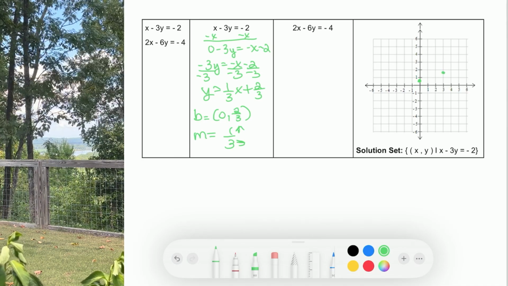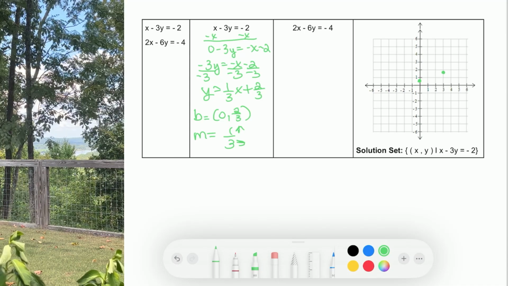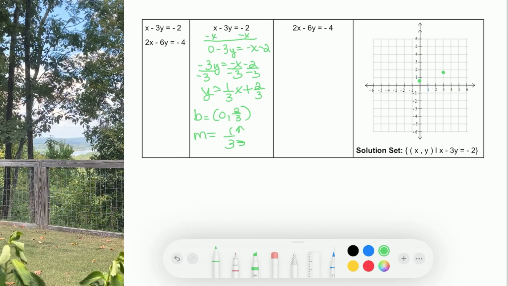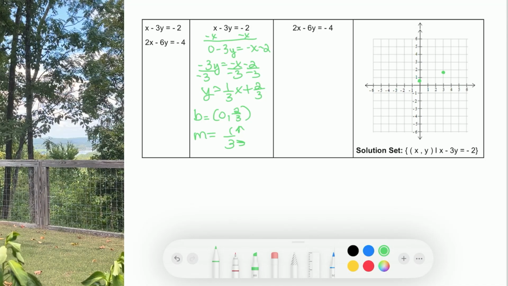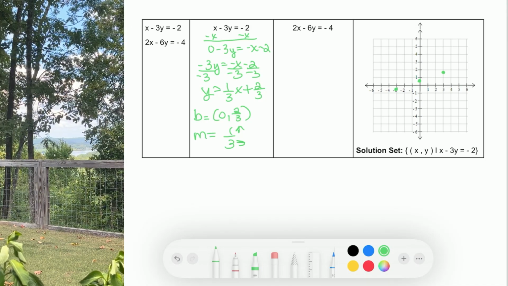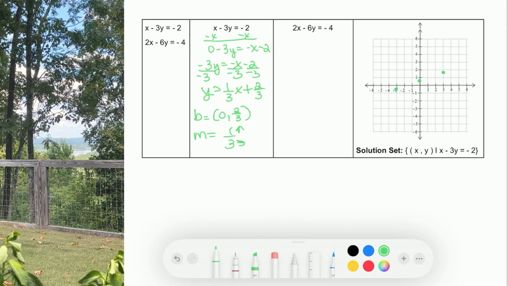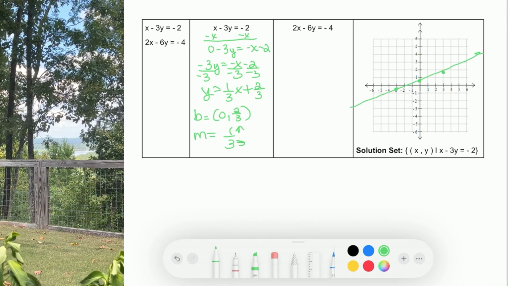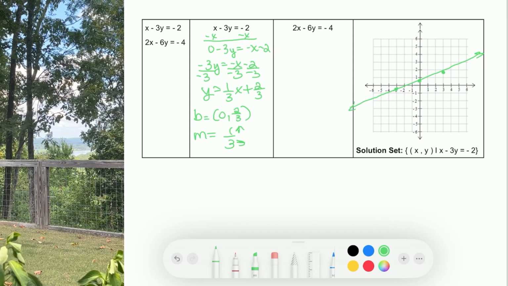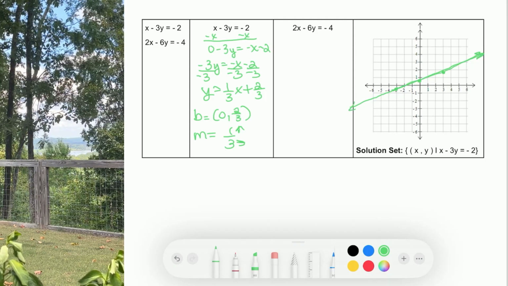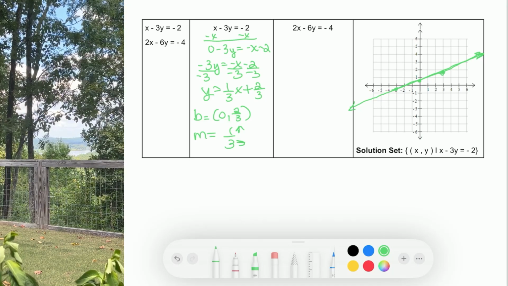I want to give myself on here a third coordinate, just so I can make sure I'm drawing a straight line. If you have a ruler, you won't need this third one, but it's just helpful for me. All right, so I'm gonna go this direction. There we go. All right, let's do the other one.